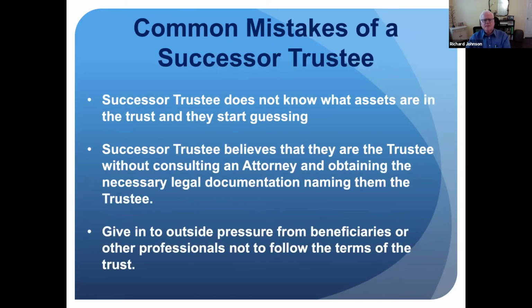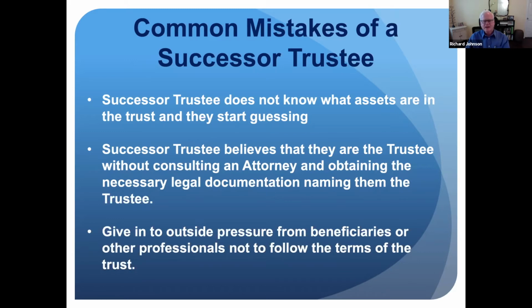So here are some common mistakes that successor trustees make that we see. The successor trustee comes in and they don't know what assets are in the trust, and they just start guessing. They have no clue, and they're not taking the time to find out what assets are there. So it's important that the successor trustee seeks the advice of an attorney who can look at the document and tell exactly what needs to be done.